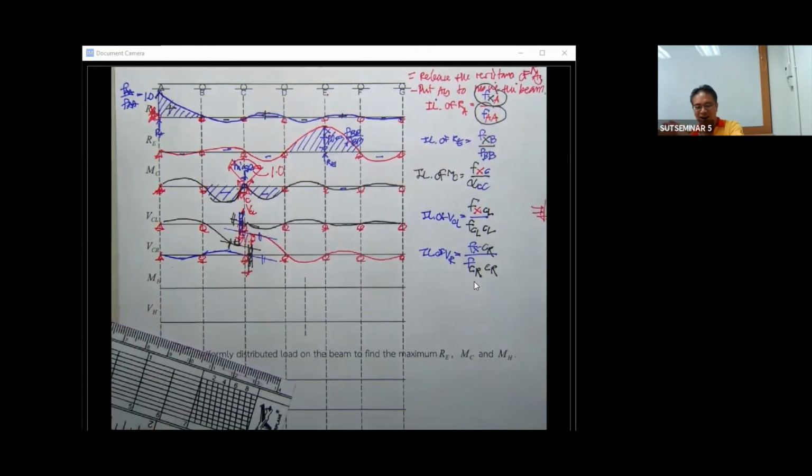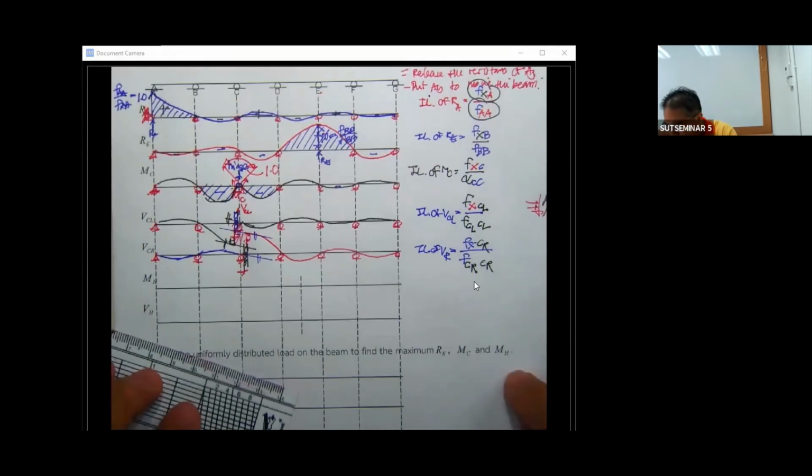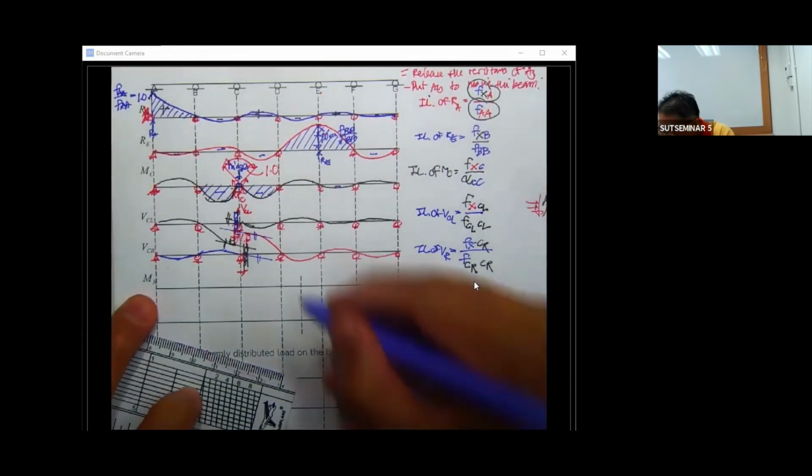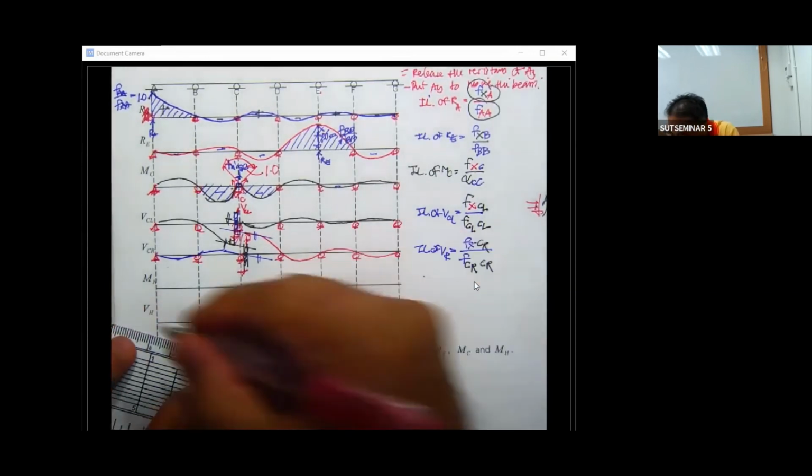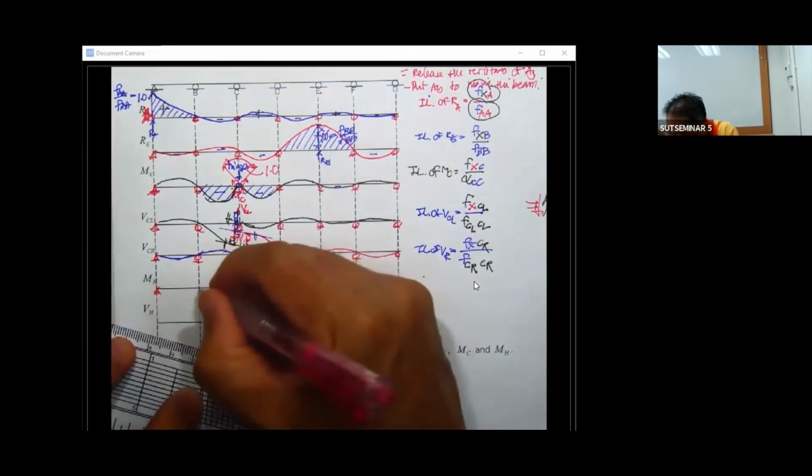It's not that hard, but it requires you to do some practice. And then M sub H is over here. By doing that, all these are going to be the same.